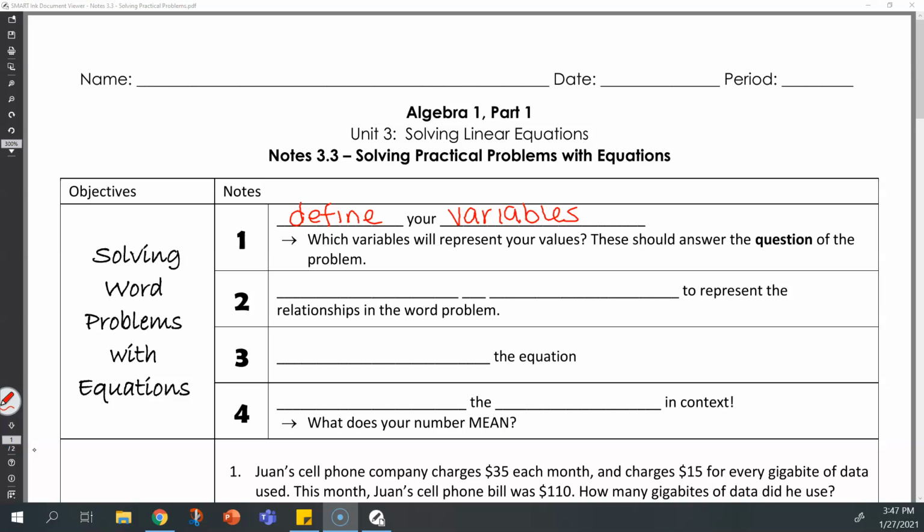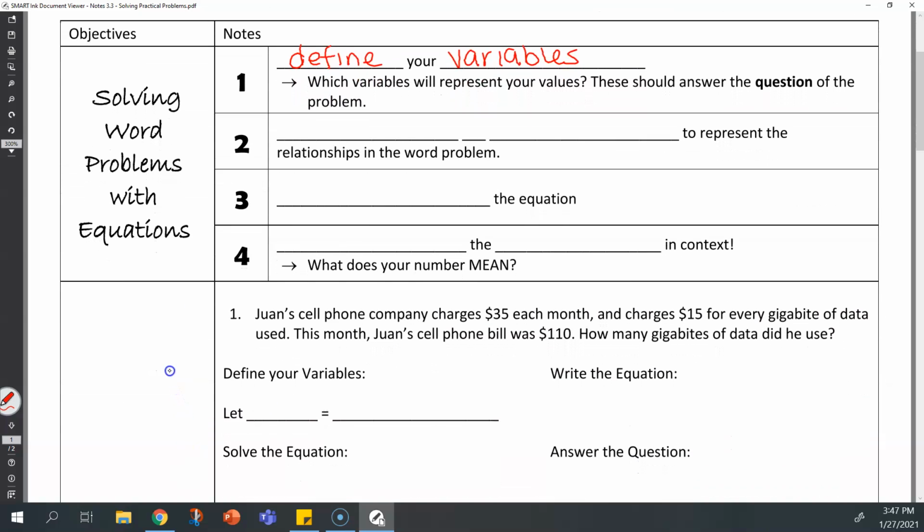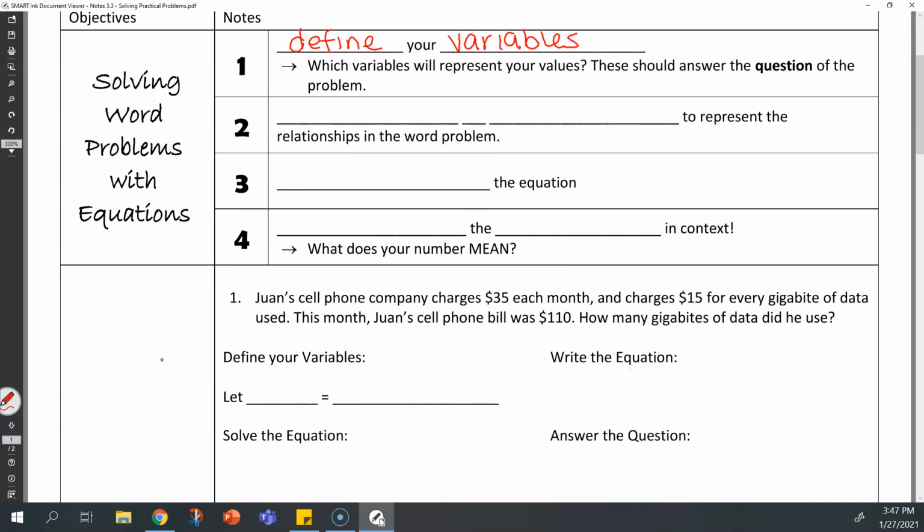We do want to stay away from letters that look like numbers, like O or a lowercase l, where it might be confused between, is this a letter or is this a 0? Is it a 1? Okay. But other than that, the variable that you use is not important as long as you define it first. So your variable should answer the question of your problem.